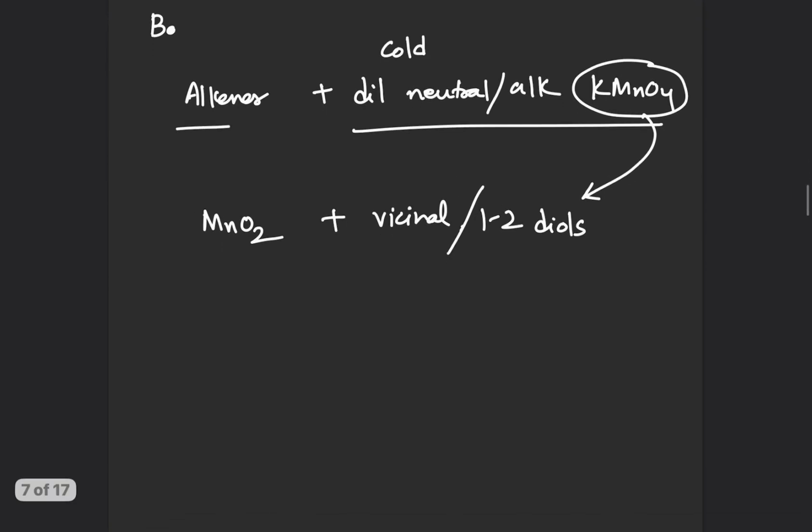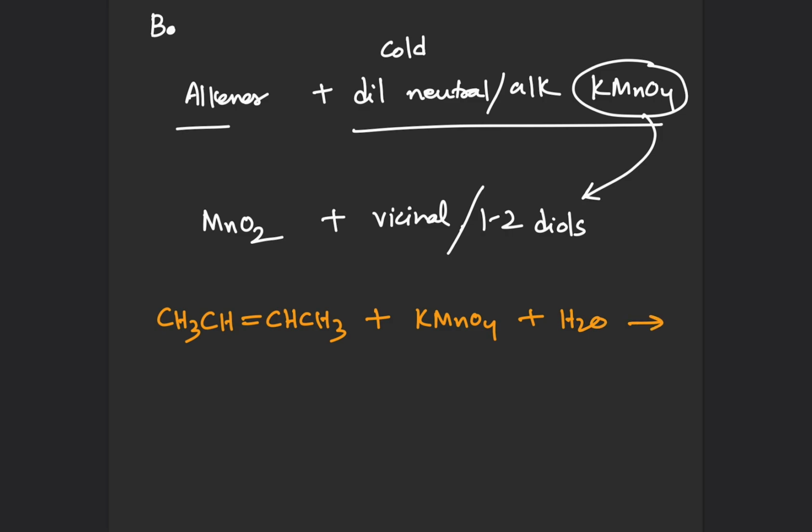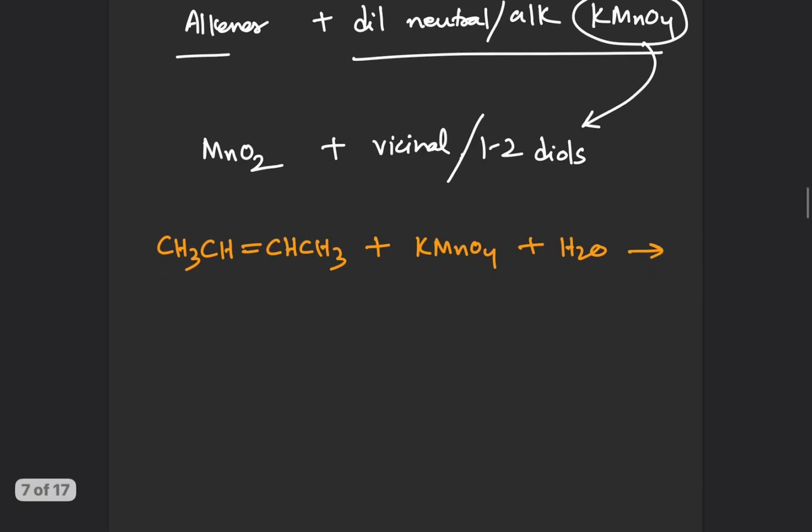For example, if you have an alkene, let's say CH3CH=CHCH3, and you treat this with KMnO4, with neutral conditions so water, we will get a diol.